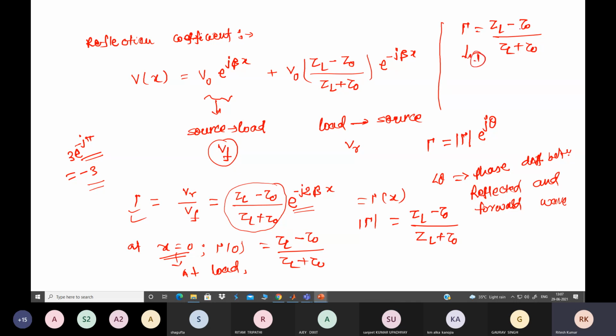And what is the minimum value? It is 0 when ZL is equal to Z0, which is the matched condition. In the mismatch condition, gamma will have a value between 0 and 1, and 0 is the matched condition.